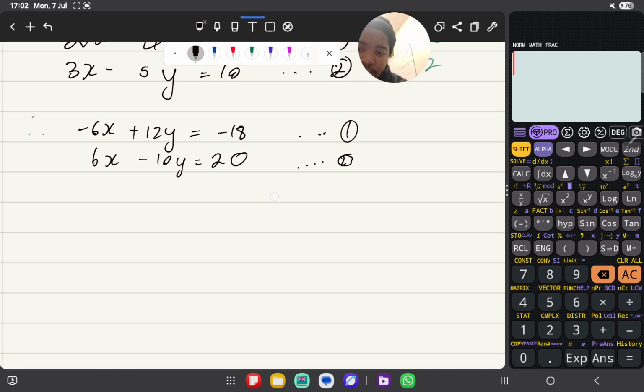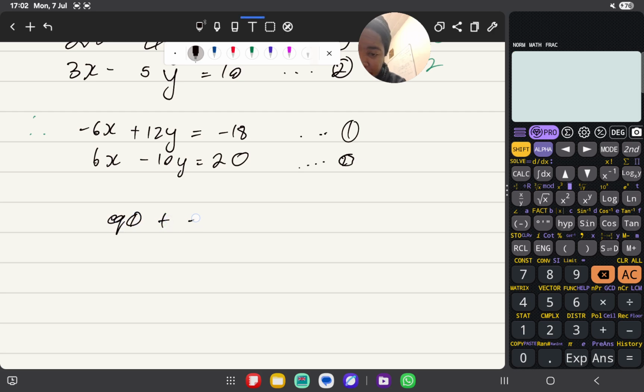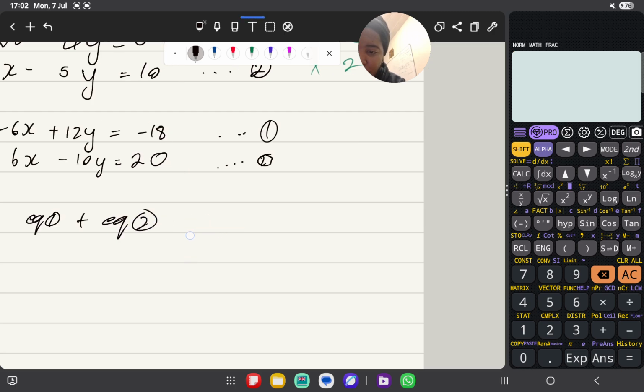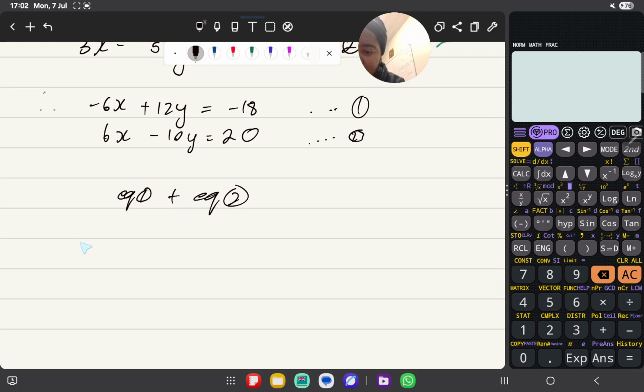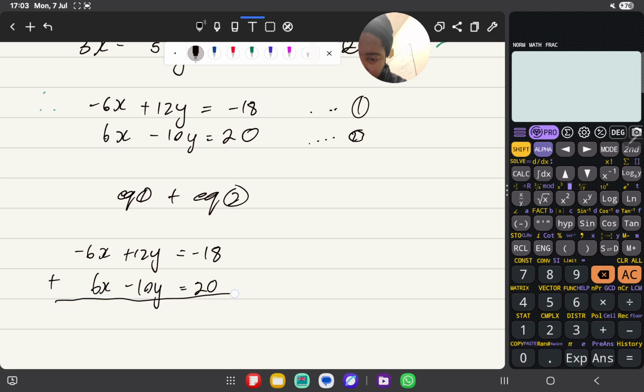Now we add, right? So equation 1 plus equation 2. I have minus 6x plus 12y minus 18 plus 6x minus 10y equals 20. 0 here, wait, was it 12?